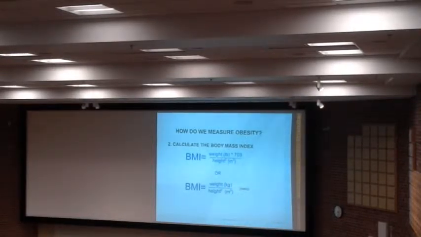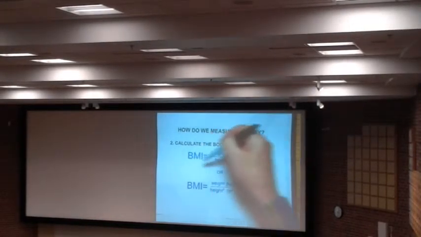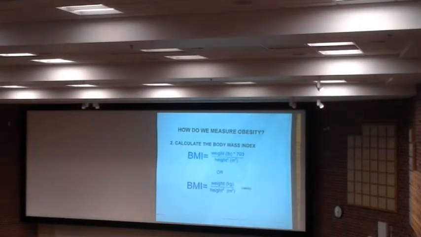And this is a mathematical equation where all you need to determine is height and weight, things that are measured in every physical exam when you go to the doctor. And that value of height and weight is plugged into these equations, and the BMI is calculated.